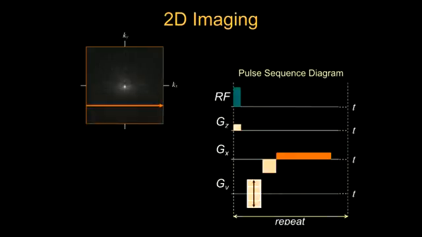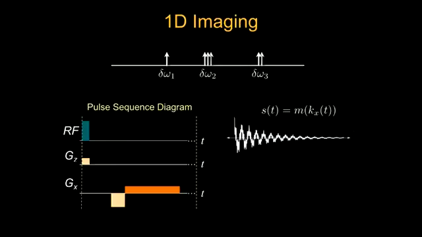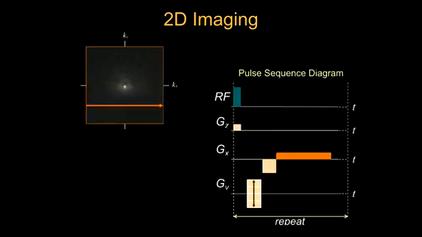So how do we do the 2D imaging? Again, we have to use a so-called pulse sequence, and we repeat this pulse sequence while acquiring the data. In a 1D situation, we only need a single line of signal. But for 2D, you have to get a whole data set within this kx, ky plane. Just getting one line of the signal is not going to be enough.